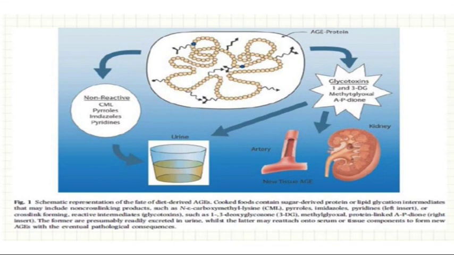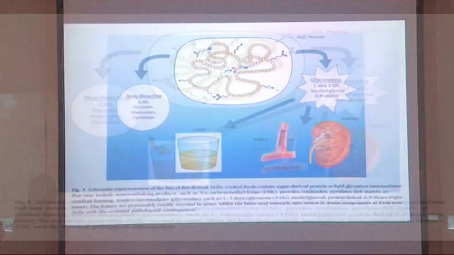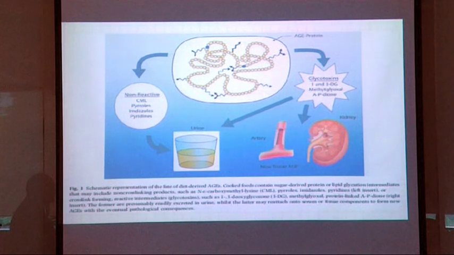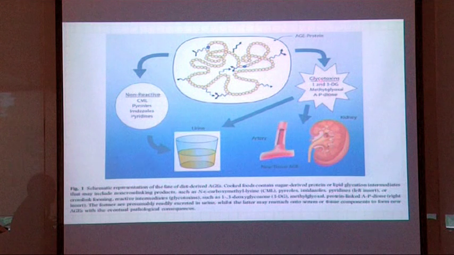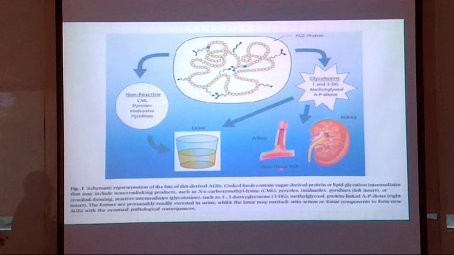In the other place, some of these carbohydrates and lipids, when they cross-link to the proteins, they form so-called glycotoxins, and these have been reported to directly induce complications in the kidney and atherosclerosis.